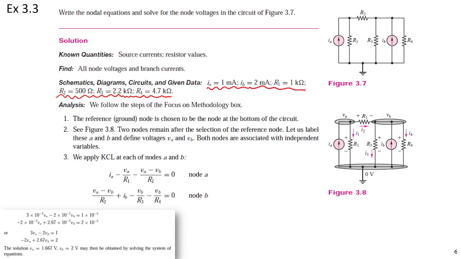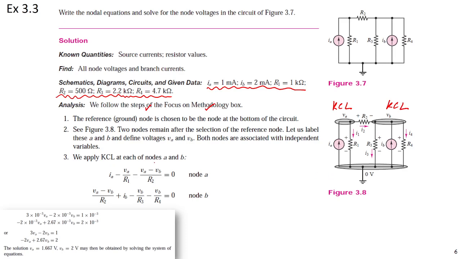Okay. Analysis. Then follow the step, right? The methodology: the reference node is chosen, and then we take KCL here and here. For nodal analysis, we take KCL and write out the currents in voltage form.